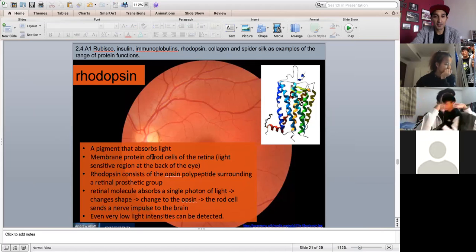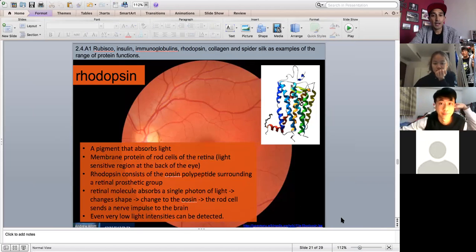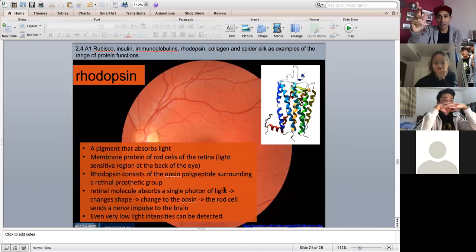It's in the rod cells of the retina. You don't need to know the specific details of its mechanism, but just know that that's what it's there for. Once it receives light, it changes shape and changes to opsin. So it goes rhodopsin, changes to opsin, and then sends an impulse through nerves to the brain, basically saying that it's detecting light.